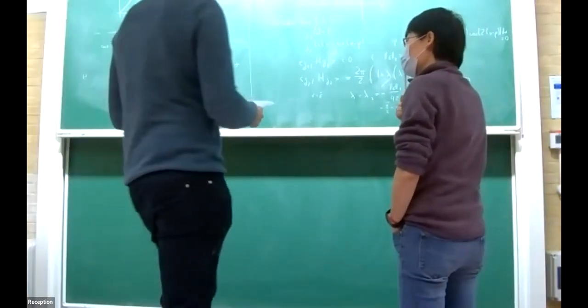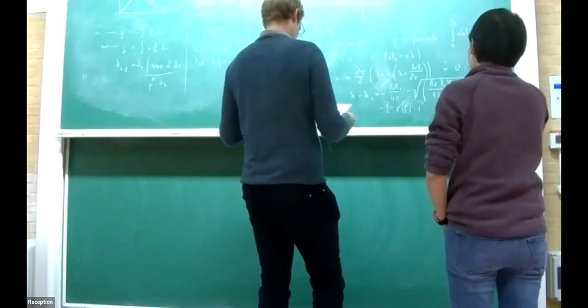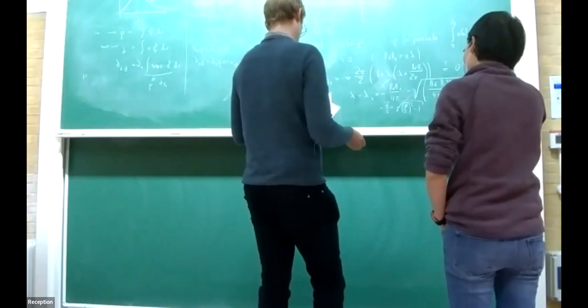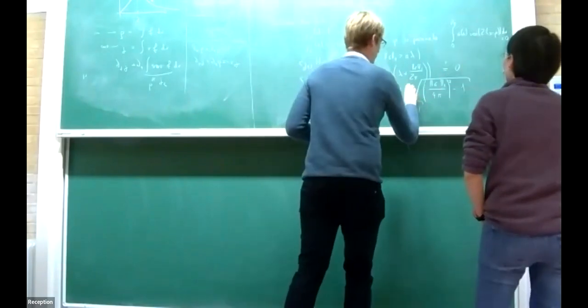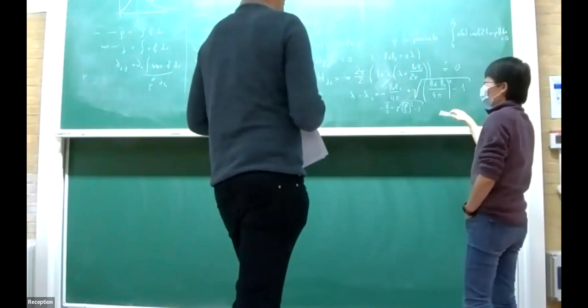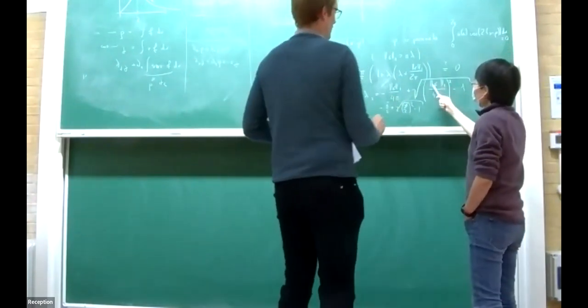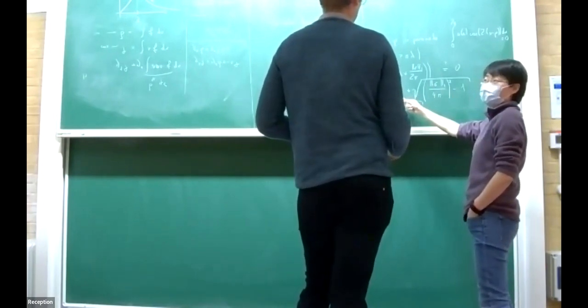Then it's like 1 over sigma. Suppose that this is going to be a constant, and you have a non-constant function.